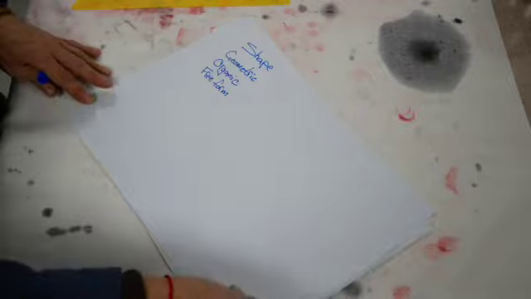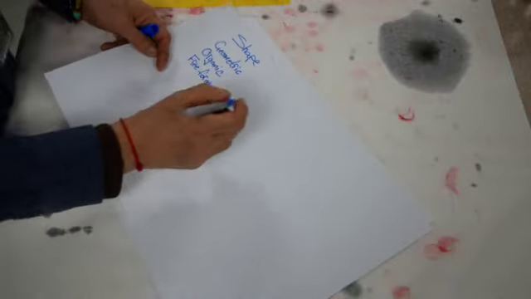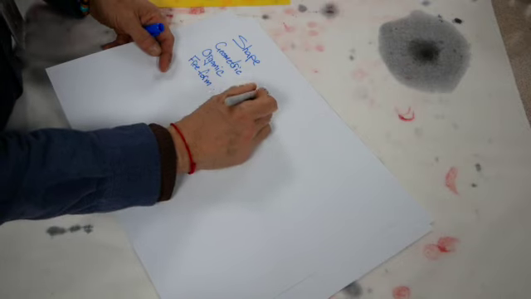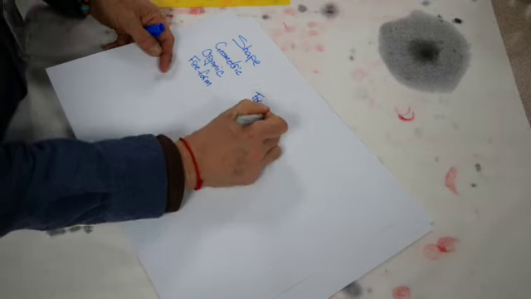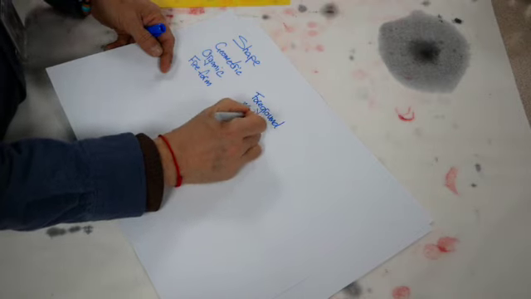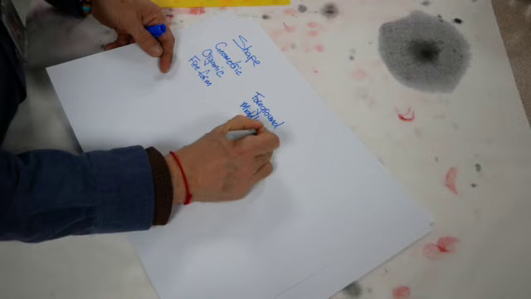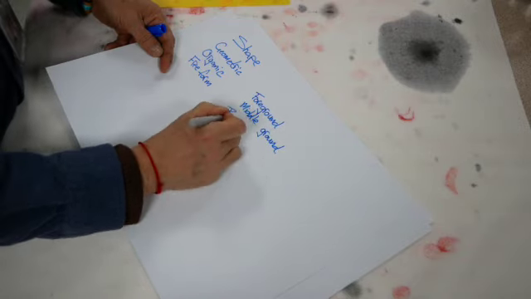Also, maybe some of these words you've heard of already. All right. Also, we're going to talk about foreground, middle ground, and background.